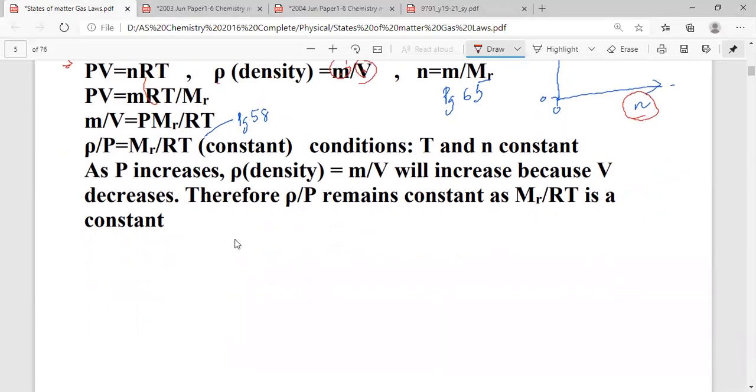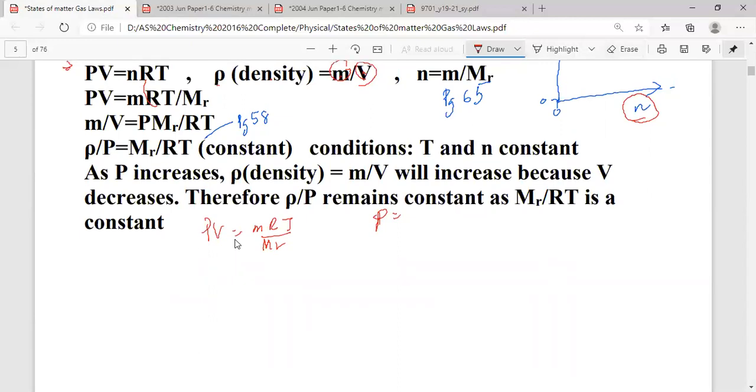PV equals mRT over mR. I want to bring the V down here because density is rho, it's called rho.